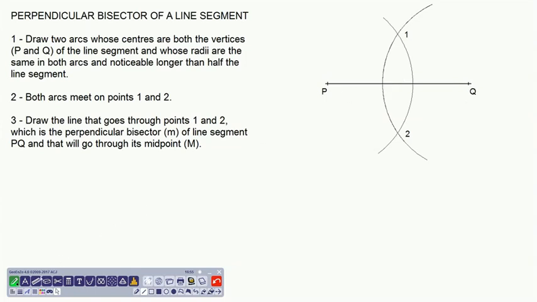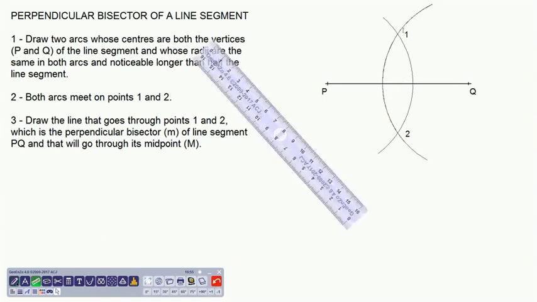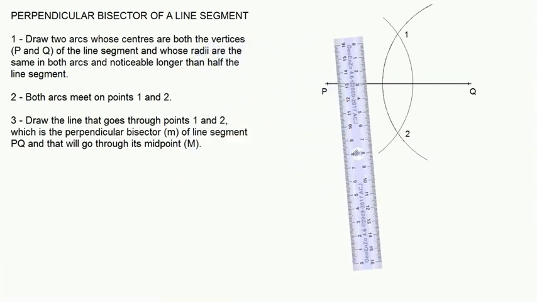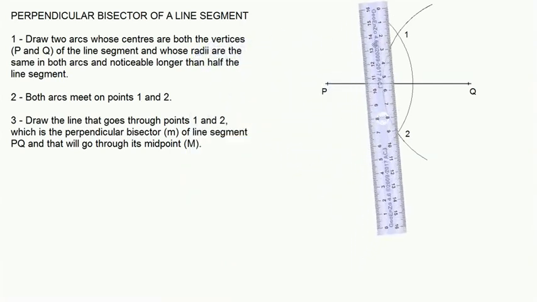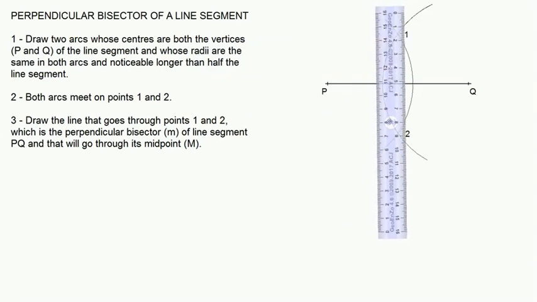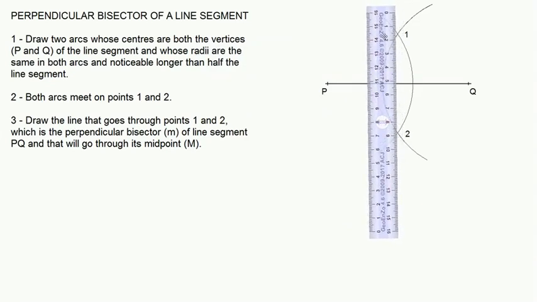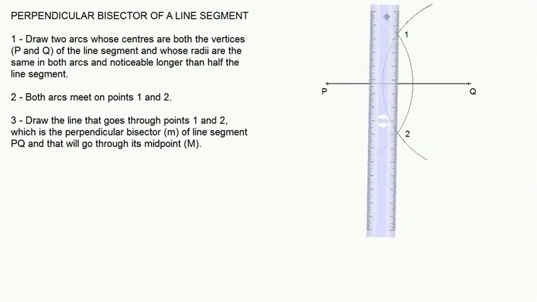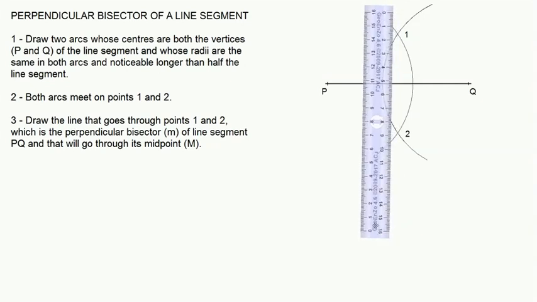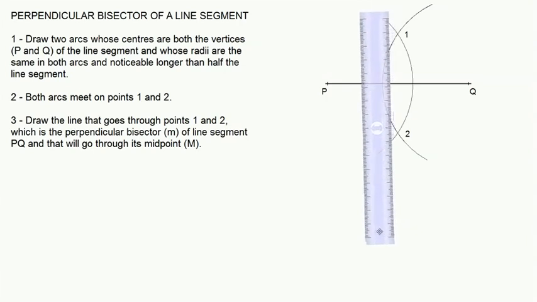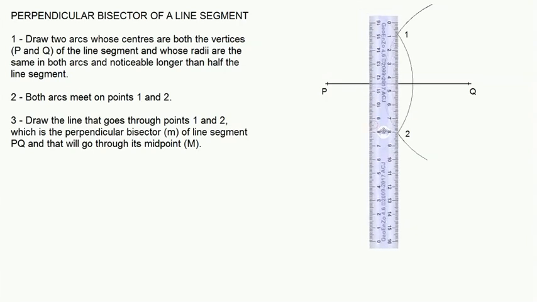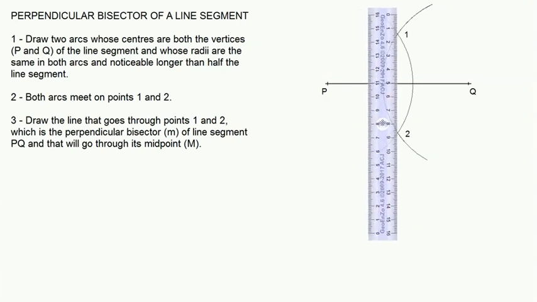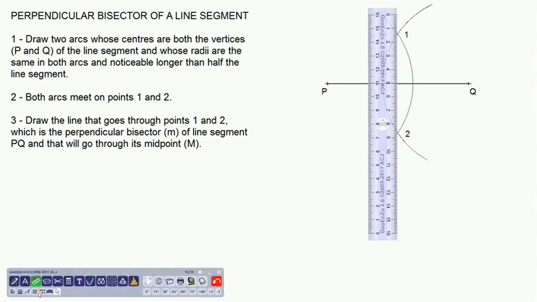So if we draw using a straight edge the line that goes through point 1 and through point 2, we will have found the perpendicular bisector of line segment PQ.